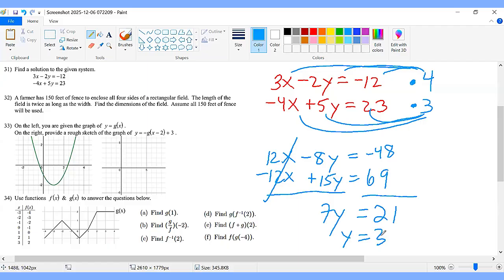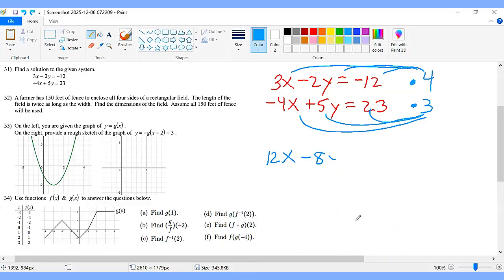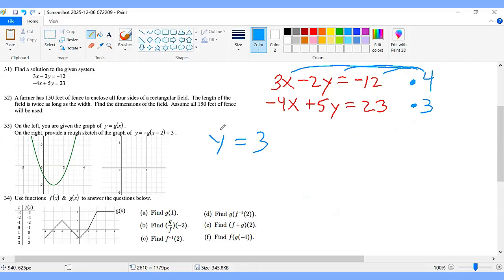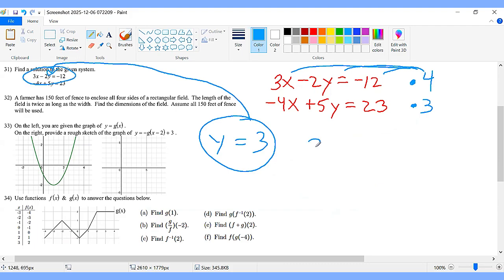We have found that y is 3. Write that down somewhere. All we need now is x. Now that you know what y is, plug it into either of the originals. It doesn't matter which one. Let's say we plug it into the top equation. That'll say 3x minus 2 times y, which is 3, equals -12.